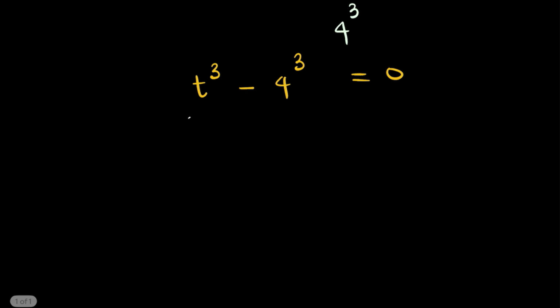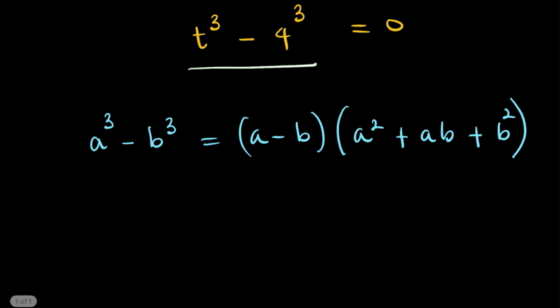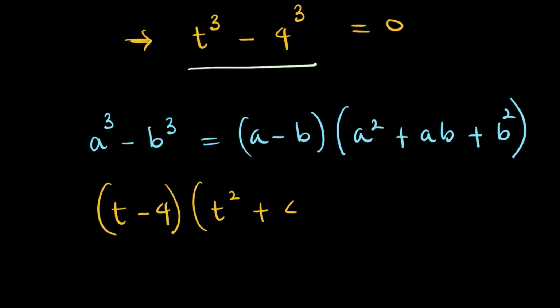This then gives us difference of 2 cubes, which by identity, given a raised to power 3 minus b raised to power 3, would give us a minus b into brackets a squared plus a times b plus b squared by factorization. So this equation becomes t minus 4 into bracket t squared plus 4 times t plus 4 squared, then equal to 0.